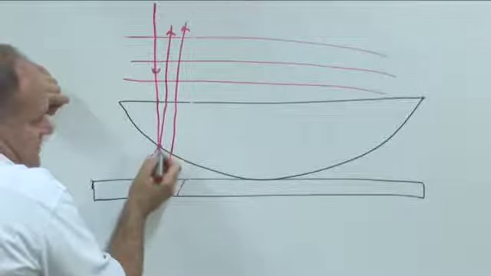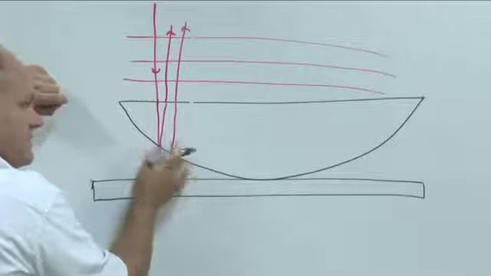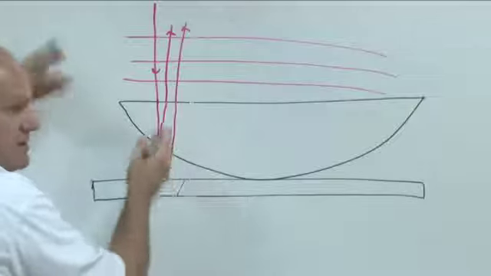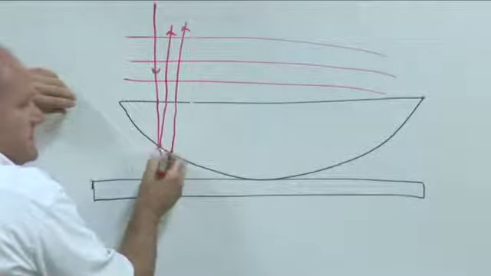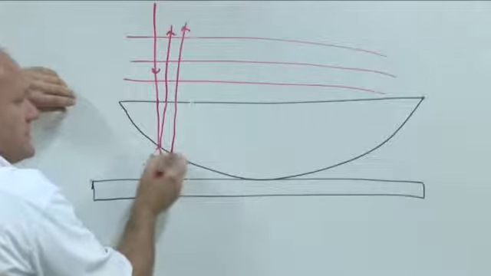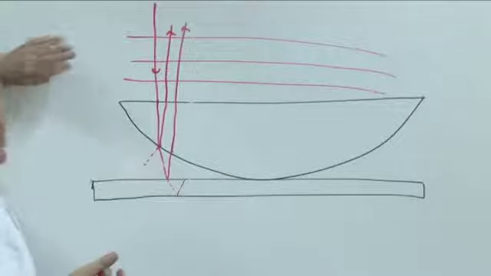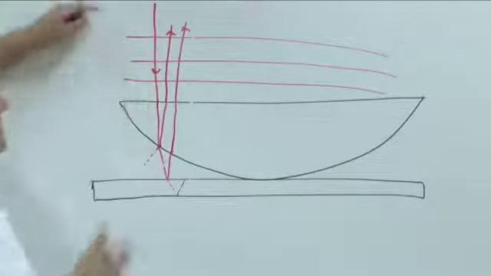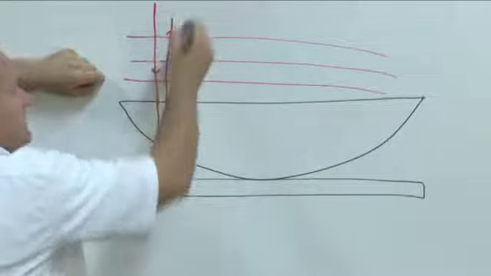Since these two rays are a distance apart because of the geometry and Snell's law, they travel a different distance. So when they come back up, they're a bit out of phase. They started off as one ray, but they end up being a bit out of phase.